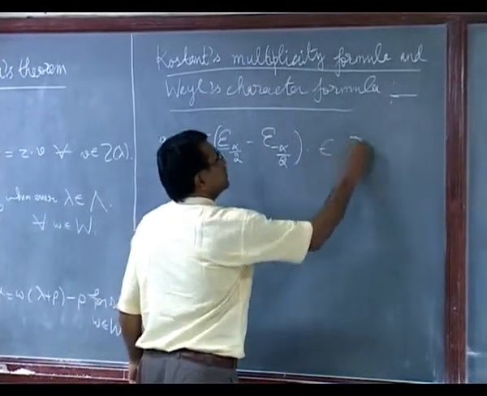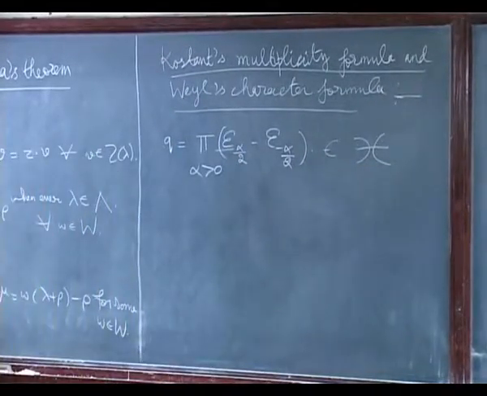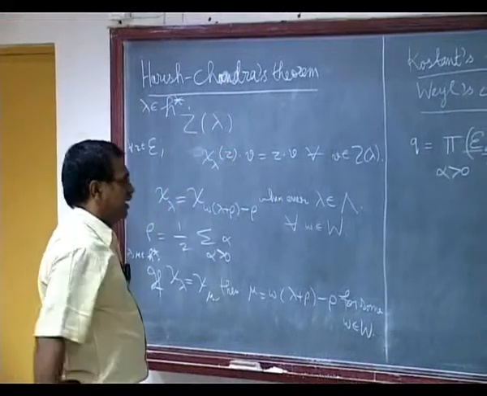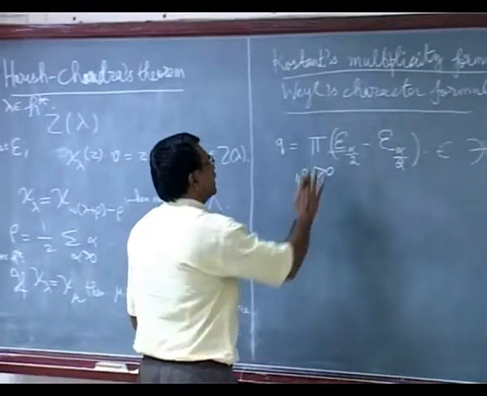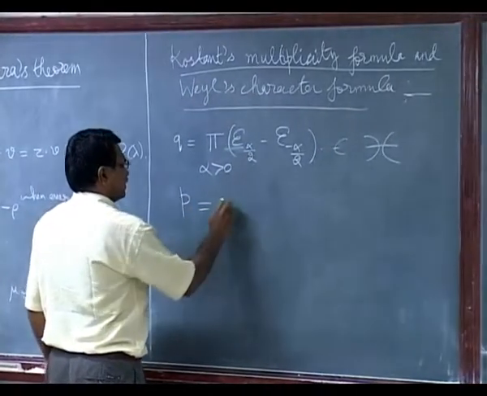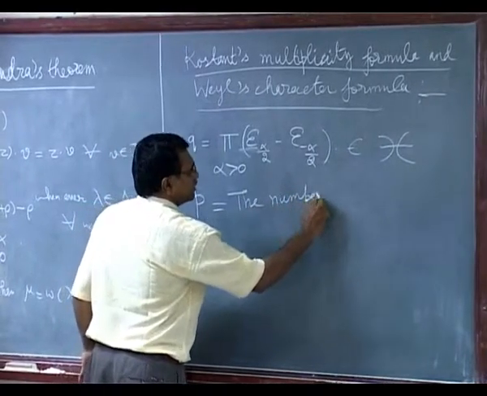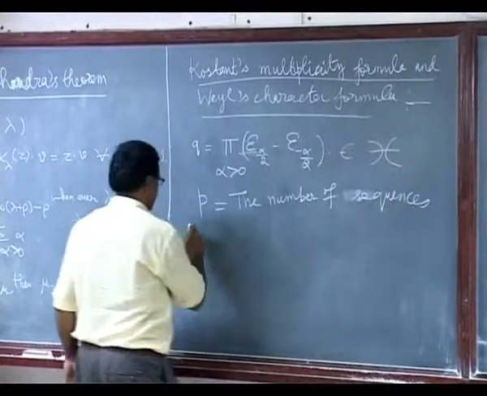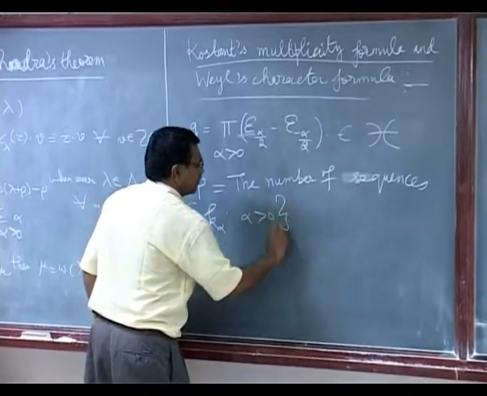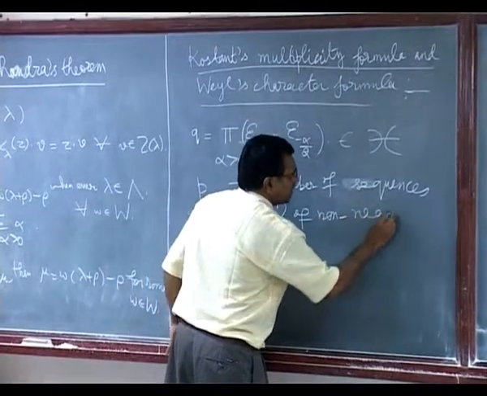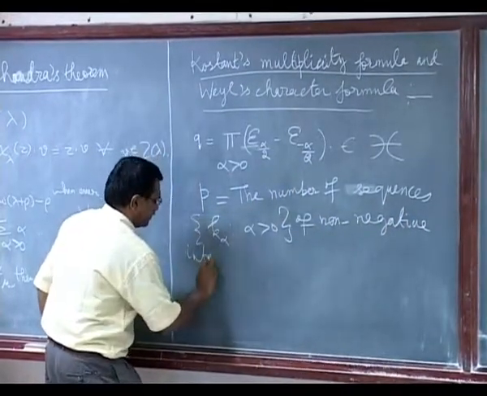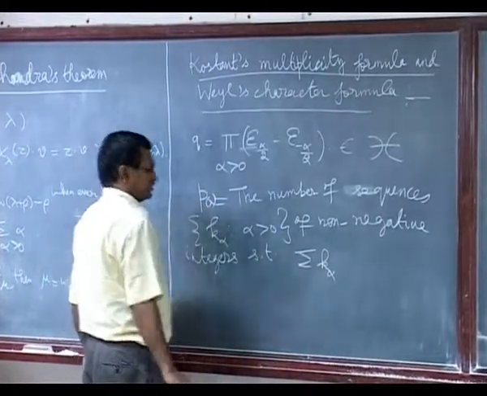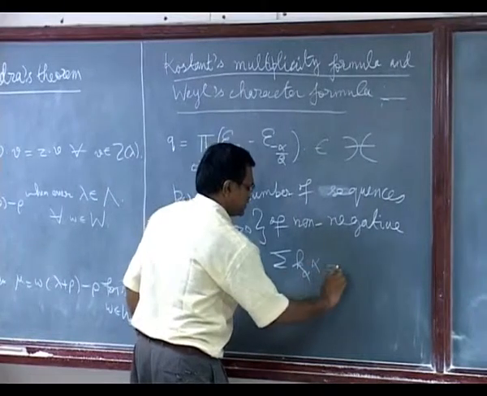You remember that I wrote some set chi of all functions having some property that their values are bounded by finitely many lambda i's, and P, the number of sequences k alpha of non-negative integers such that sigma k alpha p of lambda, p is a function, p belongs to chi, of this is minus lambda.